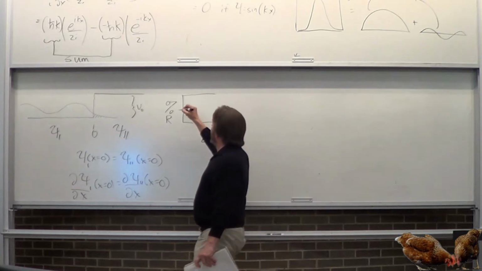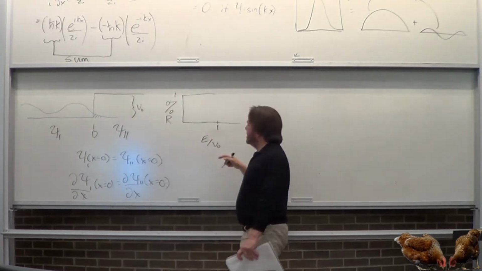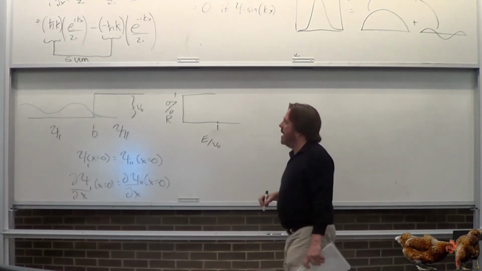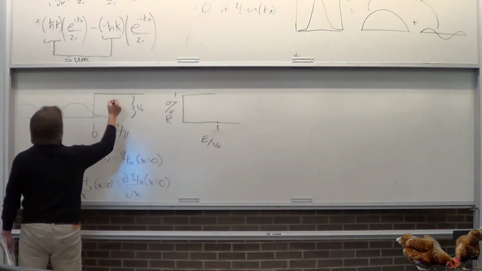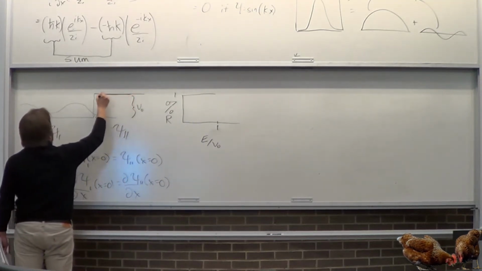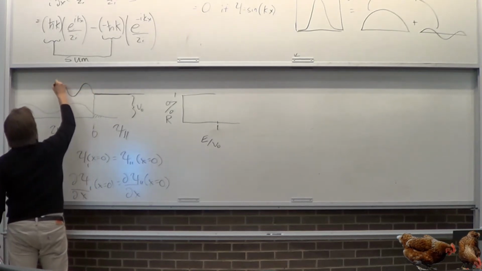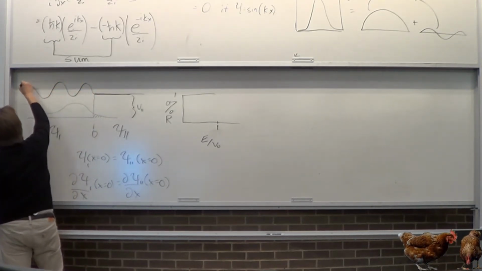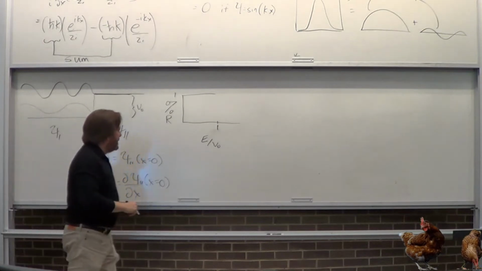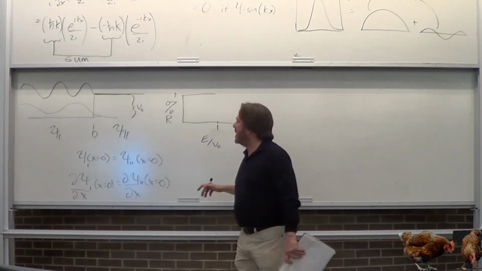So the reflection is 100% if the energy is below the potential energy. Recall that if the energy is just enough to hit the barrier, it still doesn't reflect. The amplitude is just completely flat, so you still have 100% reflection.